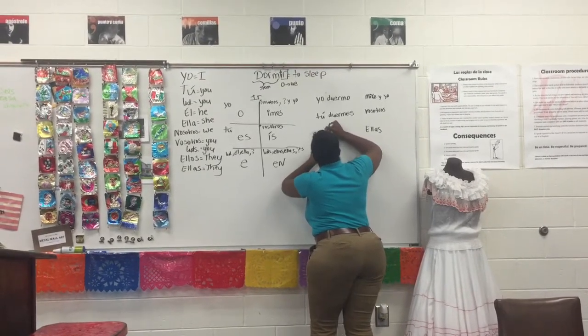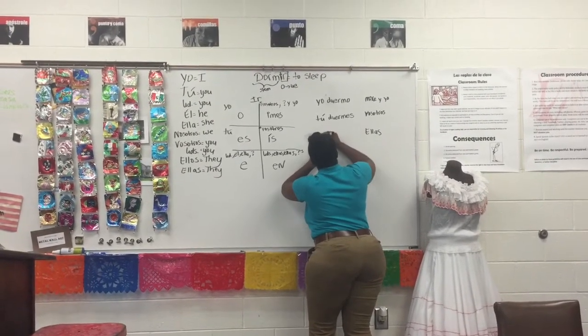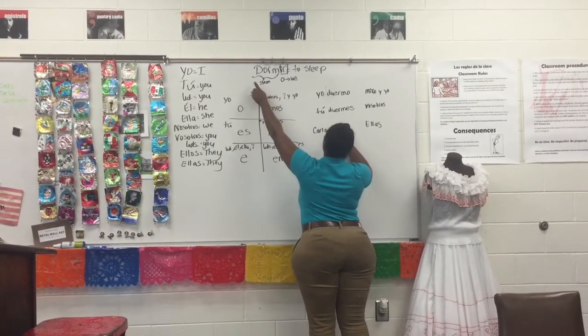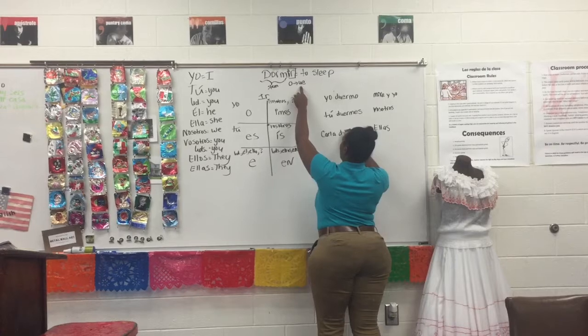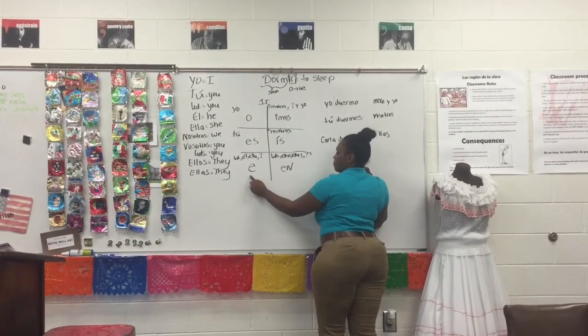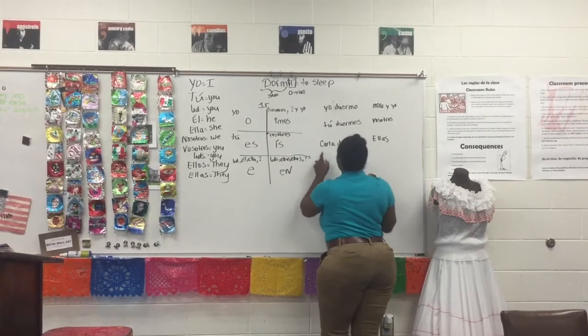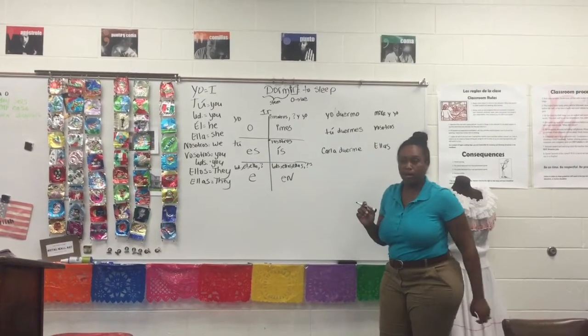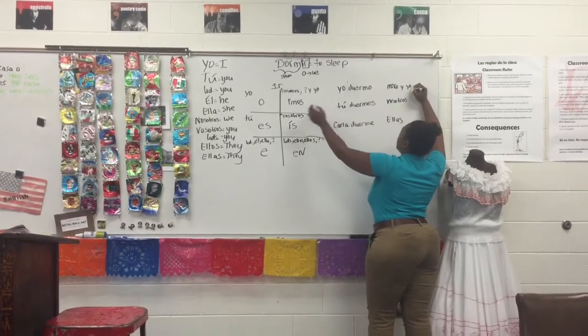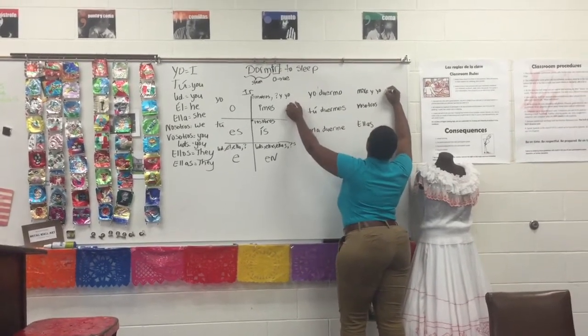My R is looking a lot like a D. Carla, D, U, E, R, M, E. Carla duerme. Give it to me. Carla sleeps. Right here I have Mike and I. Mikey, yo.